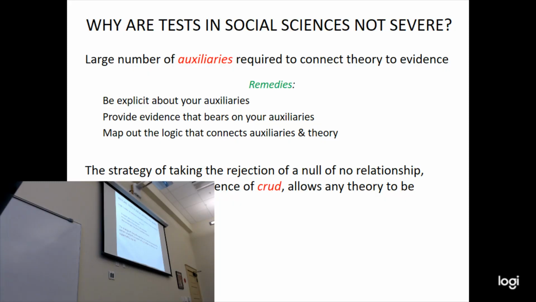So on Monday, I talked about one reason that's not ideal from a philosophy of science perspective. It's that there are lots and lots and lots of different kinds of relationships that could be counted as supportive of the theory. When in fact, what we want out of our tests is that they're severe, that they put our theory at risk, that we might actually reject the hypothesis if it's false.